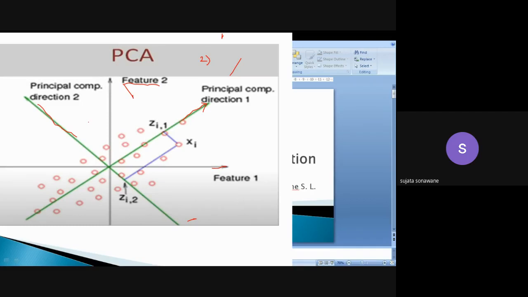You cannot draw more than two, because here you have considered only two features. So the total number of principal components is less than or equal to 2. However many features you have, your principal components will be less than or equal to that.